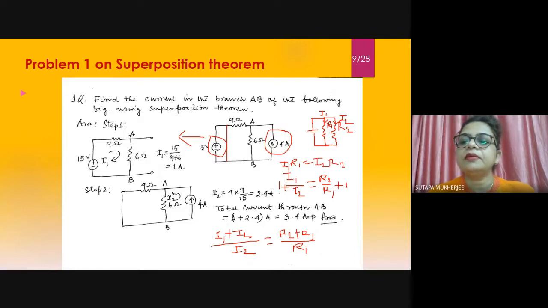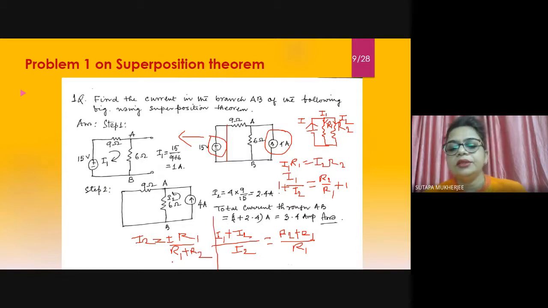This is the total current I. Then I2 equals the total current I into R1 divided by R1 plus R2.